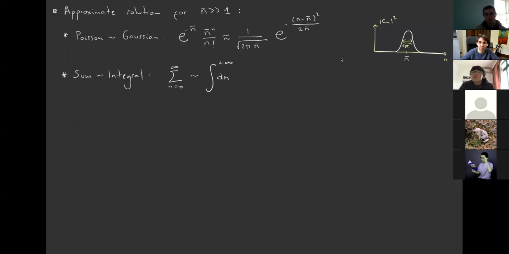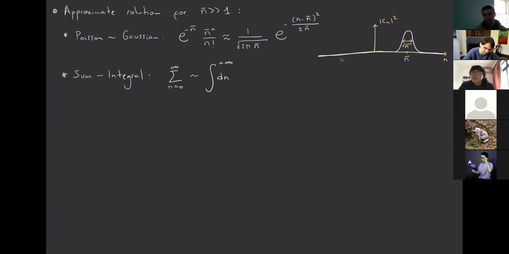From something to infinity. And what's interesting is that because the distribution is peaked at n bar and the width is just the square root of n bar, the distribution is 0 in all points that are around here. Of course, it is 0 even if we extend the variable n to negative values, which doesn't make physical sense, but mathematically it's okay. You can always say my variable is between minus infinity and plus infinity, and that will not change the value of this integration.